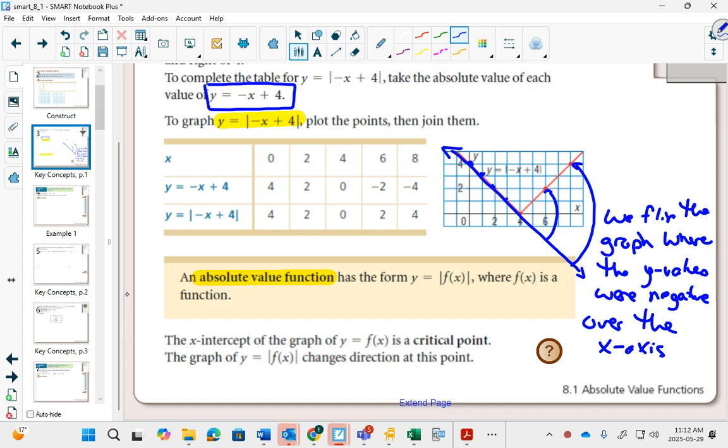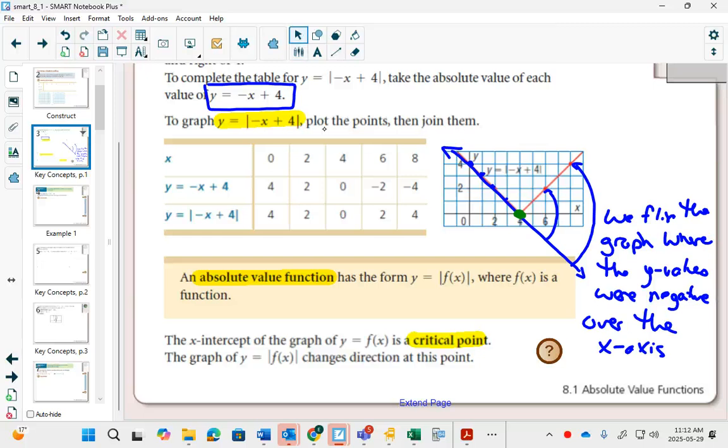And so a very important point is the x-intercept, because that's where you're going to get the sharp part of your absolute value graph. They call that very important point the critical point, because it's very important, or critical.